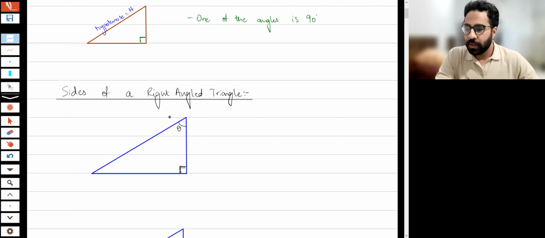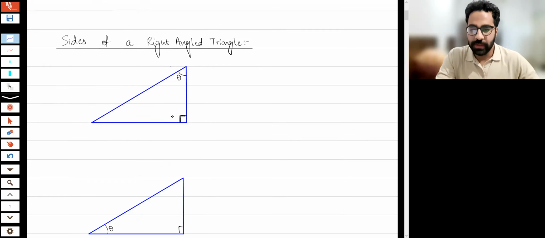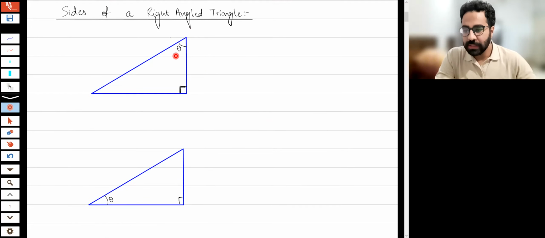Now, there are some other sides of a right angle triangle as well. The side which is opposite to my angle, either it's known or the unknown, if I'm using that angle in my trigonometric ratio, the side which will be opposite to that angle would be known as the opposite, and that is represented by the letter O.